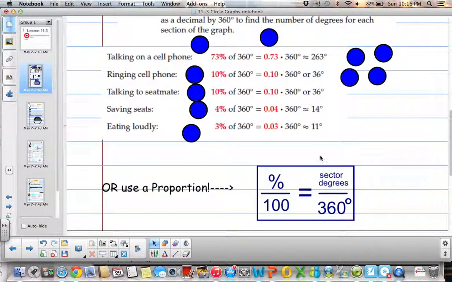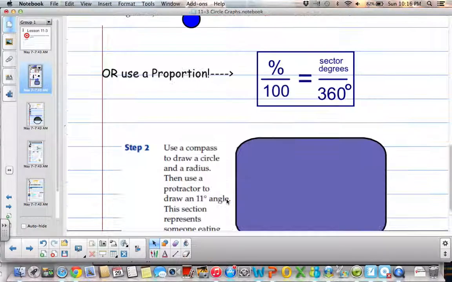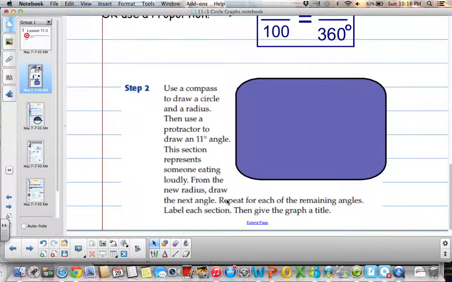So now that we have all of our degrees, we make our circle. And we already have a circle made, so I'm just going to show you what our circle graph would look like after, and I'll talk about it. And then on the next page, I'm actually going to create a circle and show you how we actually make it.